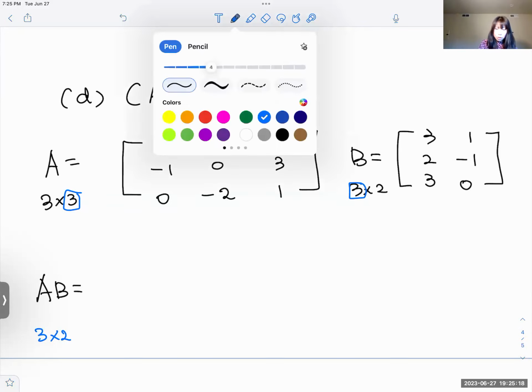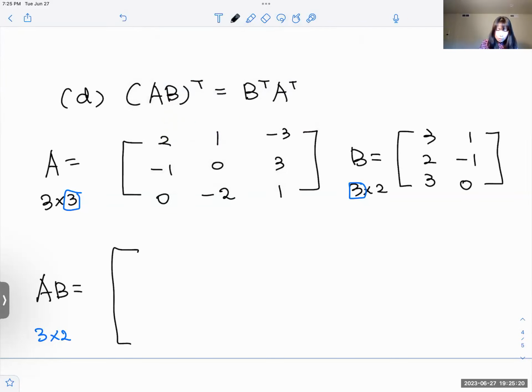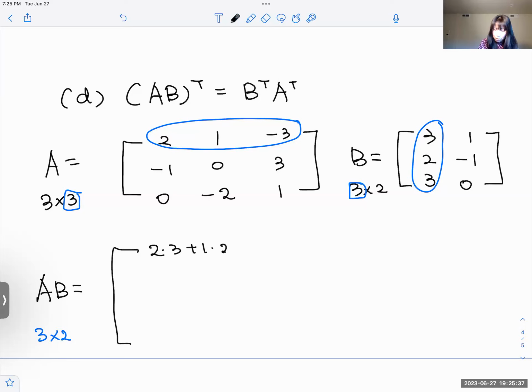Okay, let us multiply this way. So let us do that. First row, first column: 2 times 3 plus 1 times 2 plus negative 3 times 3.